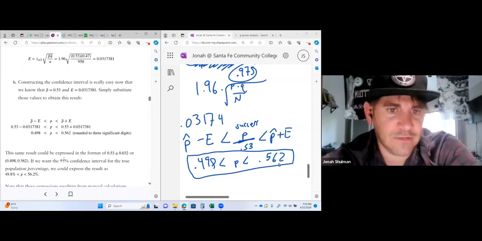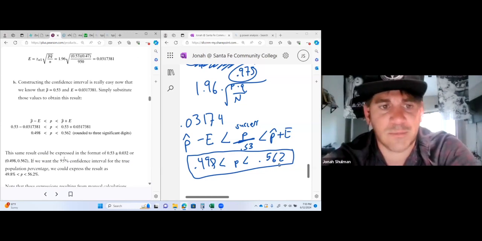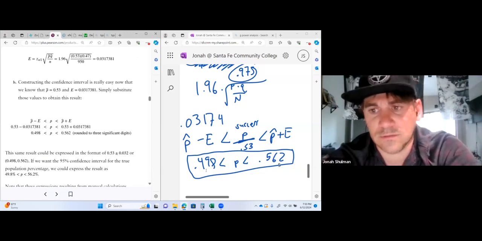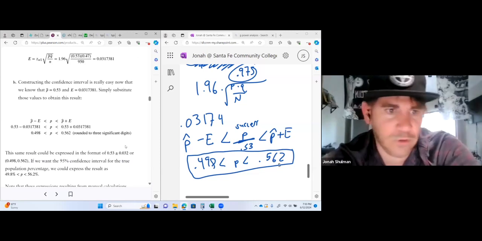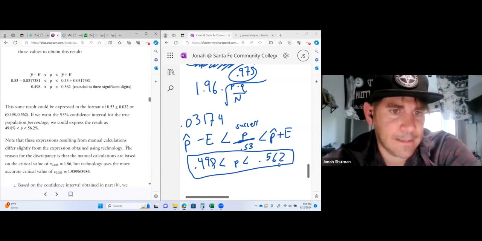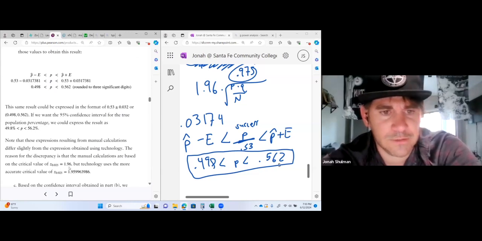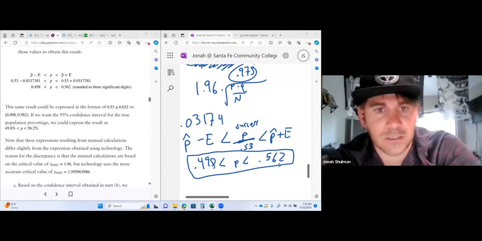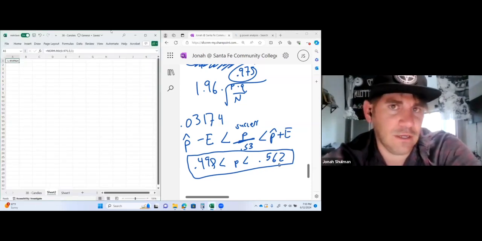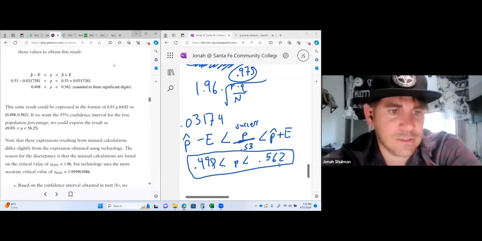So we're 95% confident that this value falls between 0.498 and 0.562. The reason for the discrepancy in the manual calculations is that the critical value is 1.96, but it's actually 1.9599. And guess what we got? 1.9599.